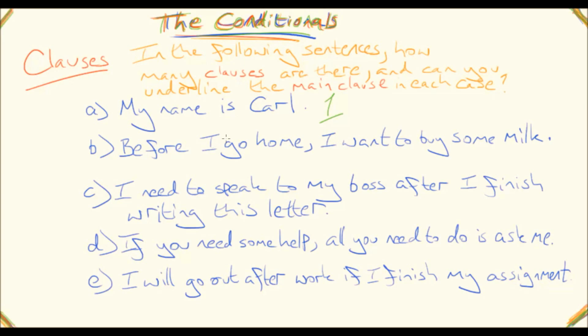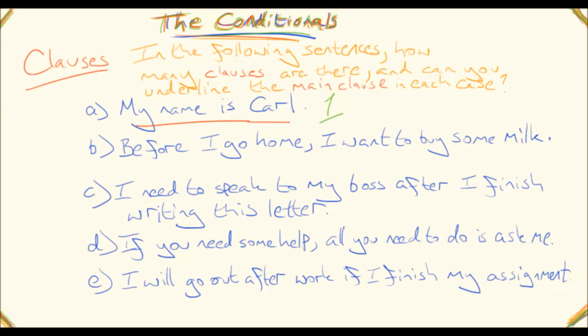Well, if there is only one clause, it is the main clause. It features the subject, my name, the verb is, and the object, Carl. My name is Carl. It's one clause, and it is the main clause. So there, let's continue to the end.